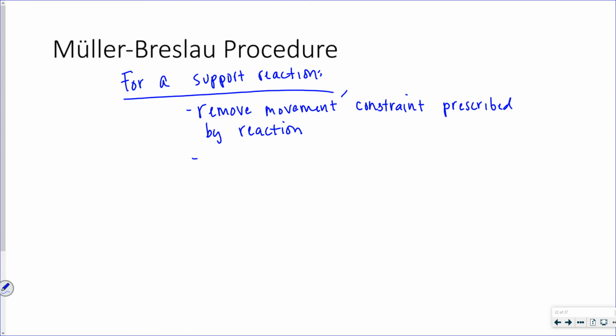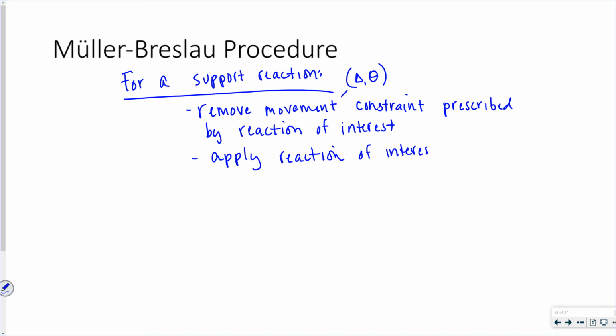Movement being displacement or rotation. Right, reaction of interest. Apply that reaction of interest. And your displaced shape is the shape of your influence line.